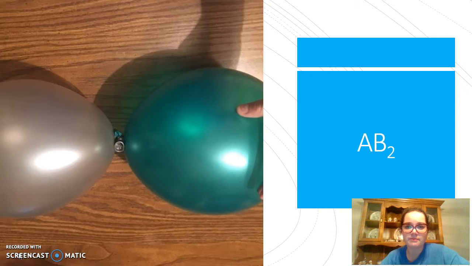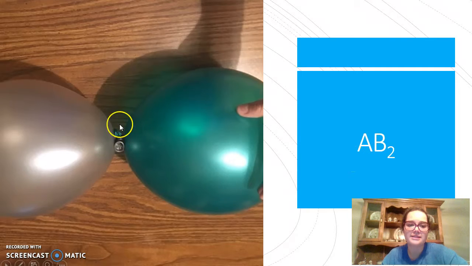The first electron domain geometry that we're going to look at is the AB2 model. AB2 is really just a way to describe the type of molecule that we'll be looking at. So A and B obviously are not elements in this case. They're just a way to express a placeholder for specific elements that we could plug into this formula with the two atoms connected to the one central atom.